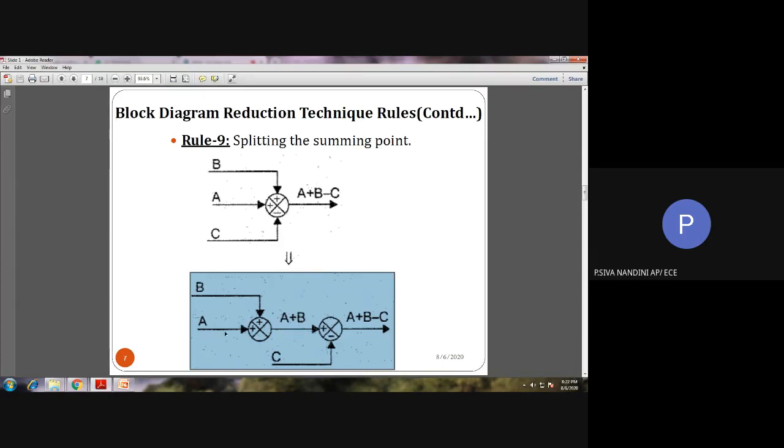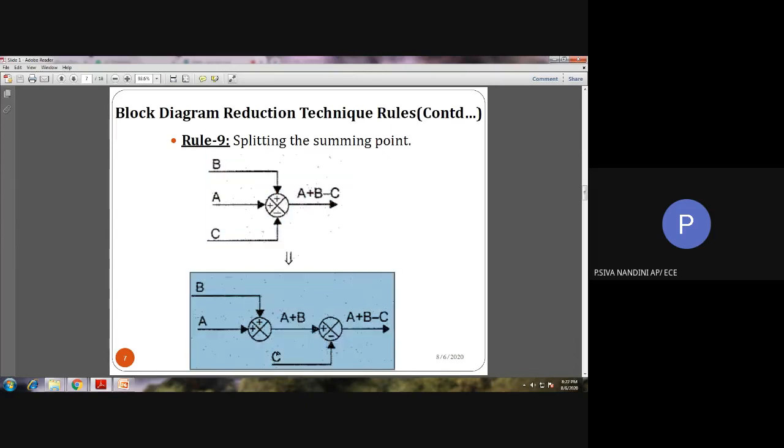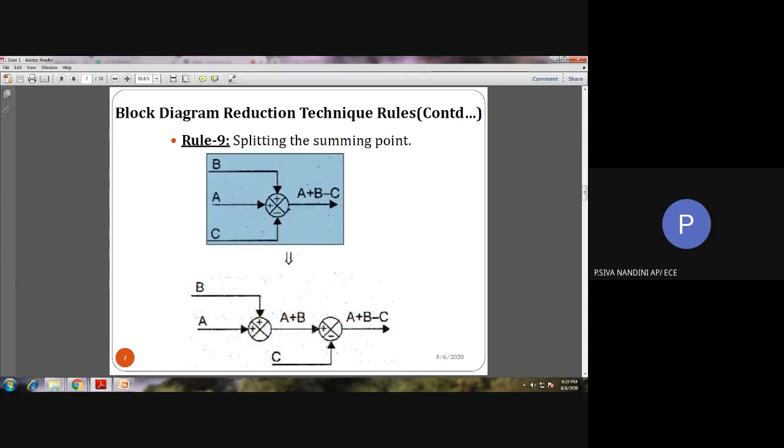So see here we are having two summing points. How can we split into two summing points? We can have two inputs in the first summing point and the other input added in the second summing point. In the first summing point, I can have A and B, which have positive sign in the combined summing point itself.